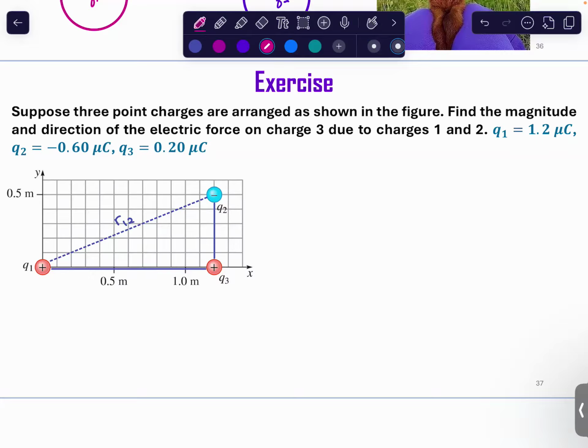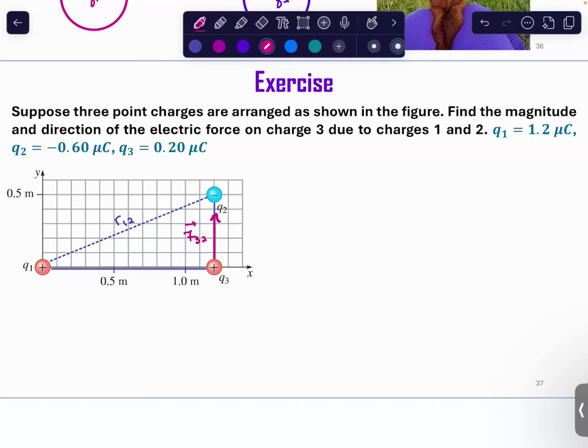Let's think about the directions of these forces. The force on 3 caused by charge 2 is going to point which direction? Up. Why does it go that way? That's force F32. What about the force on 3 by charge 1?